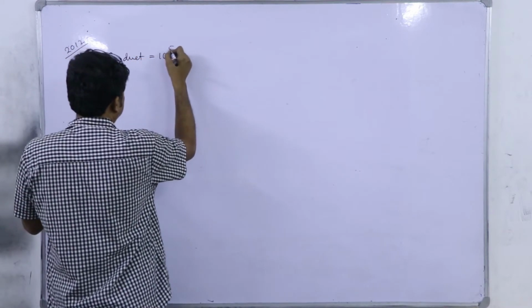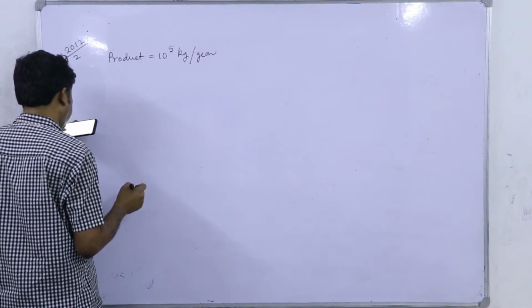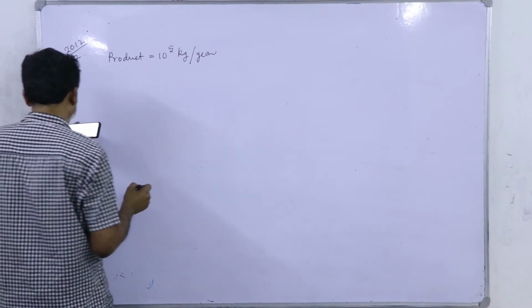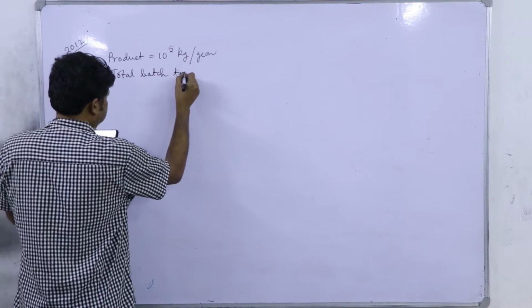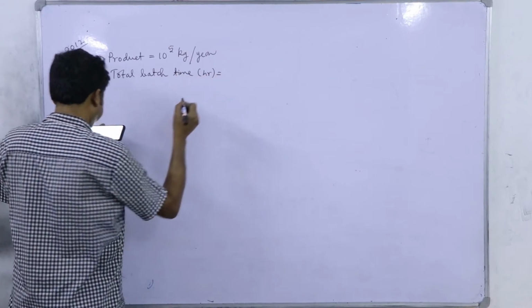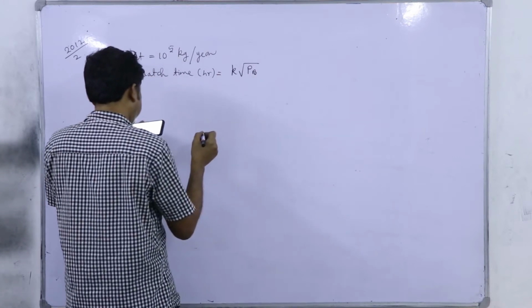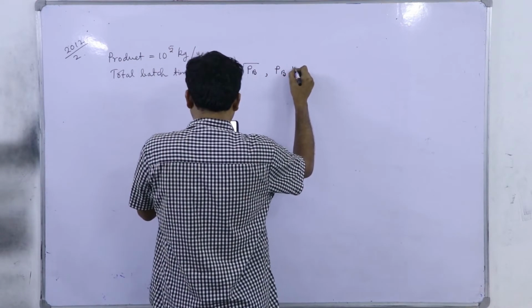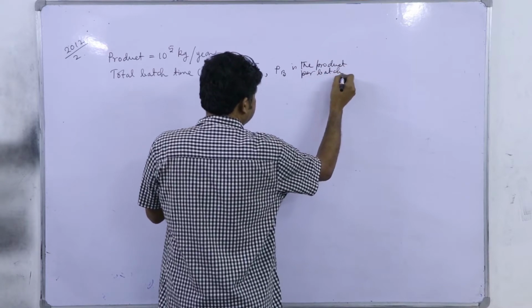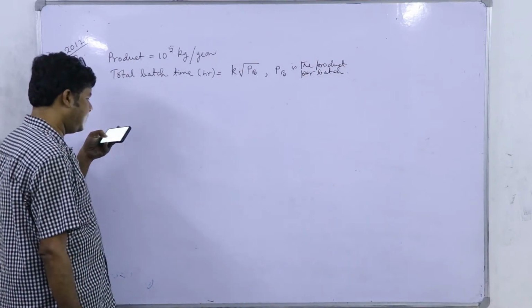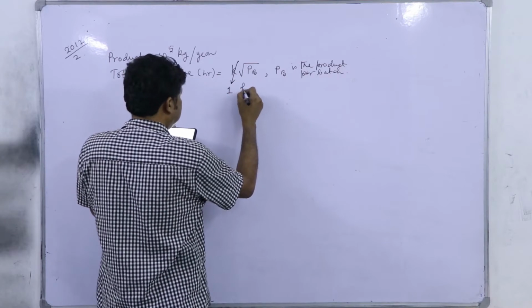The total batch time in hours of the reactor is K into under root PB, where PB is the product per batch, and K is 1 hour per kg, under root kg.